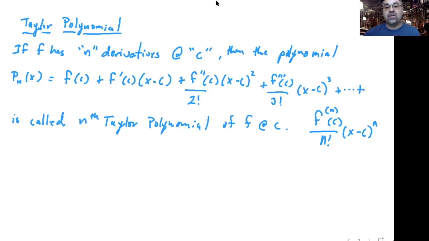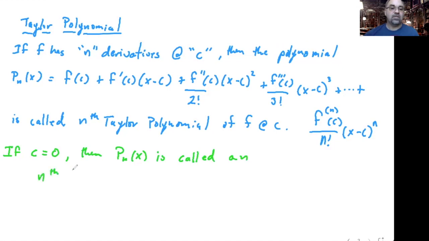Now, if the center happens to be 0, if c equals 0, then P sub n of x is called a Maclaurin polynomial, the nth Maclaurin polynomial. Instead of c, everything's done at 0.